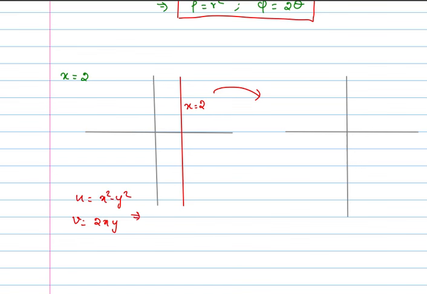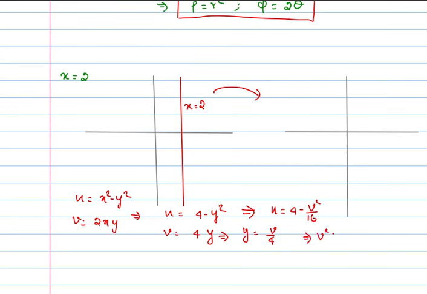Substituting x equal to 2, u equal to 4 minus y square, v equal to 4 times y. So y equal to v divided by 4. Applying in the first equation, u equal to 4 minus v square divided by 16.